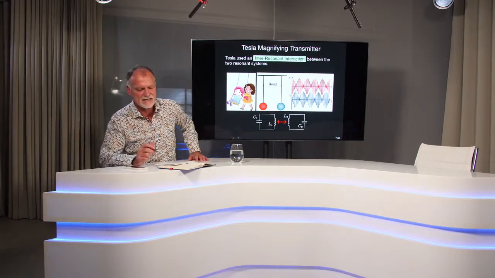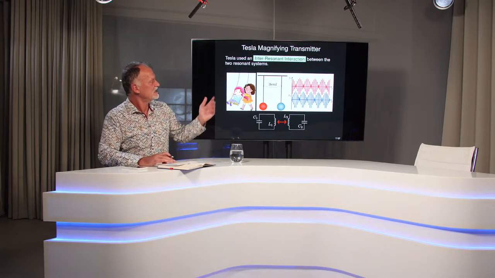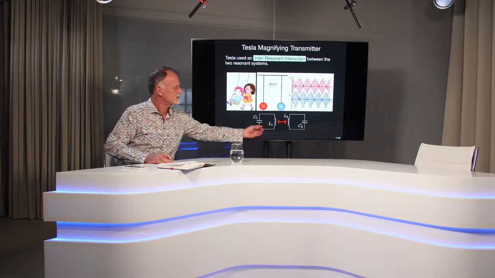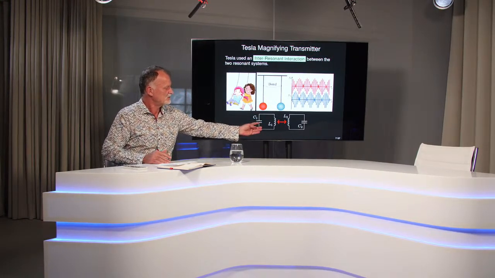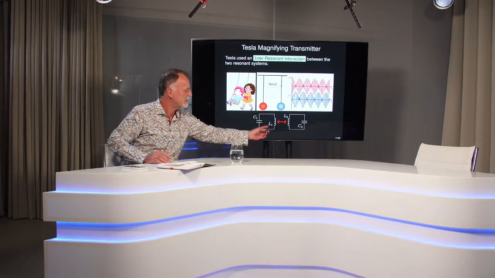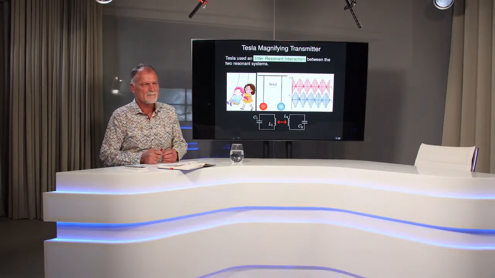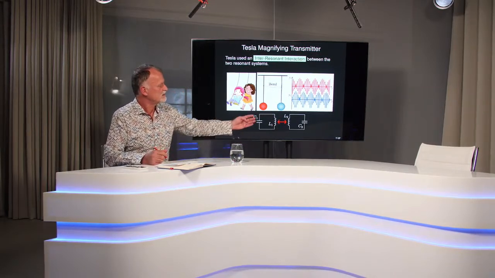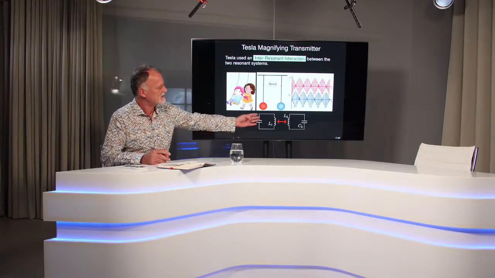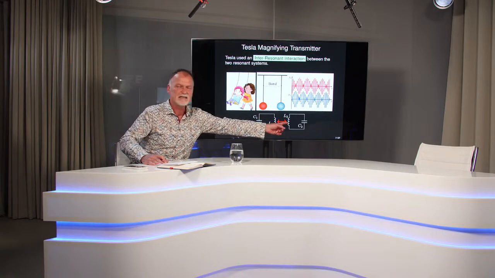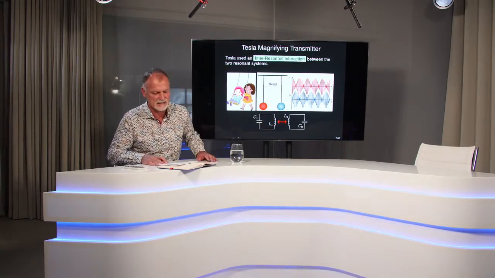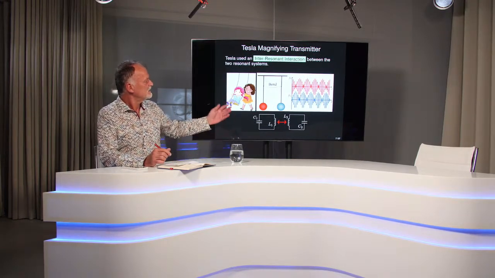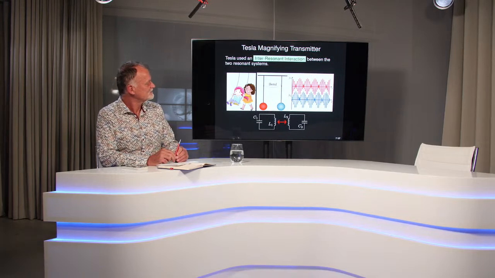So that's also the basic idea behind the Tesla magnifying transmitter, that you have two electrical pendula, let's say two electrical resonance circuits, L1C1 and L2C2. If you bring one resonance circuit into action, it starts to resonate and transfers the full energy into the other resonance circuit and back and forth. This process is sometimes also called beating, right? If we go to the next slide, please.